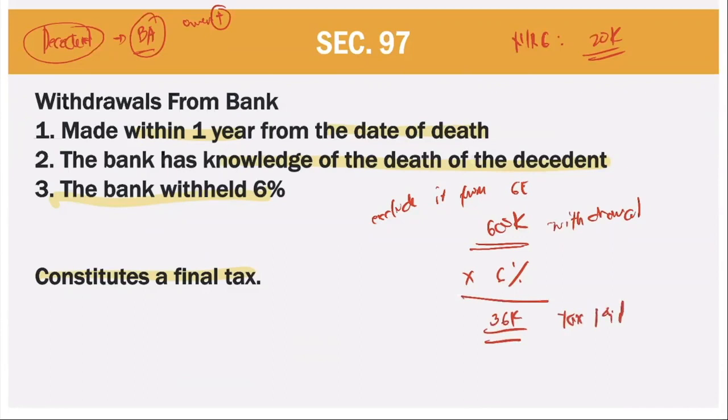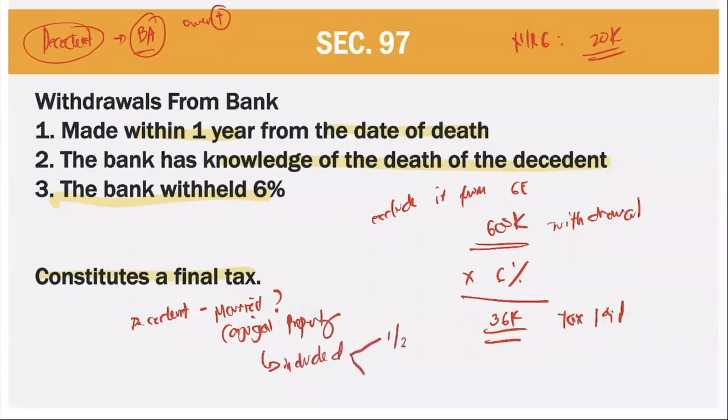Now, what if the decedent is considered married? What is the rule? The bank account of that decedent is considered a conjugal property. So if that is a conjugal property, yes, it is included, but since it is conjugal, you only get one half, and another half is for your surviving spouse.